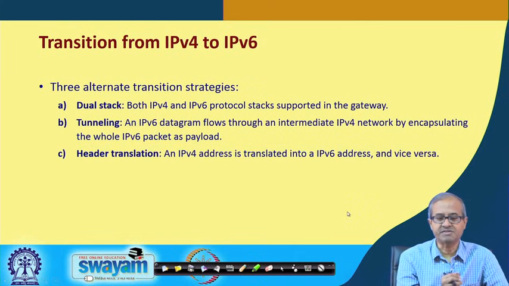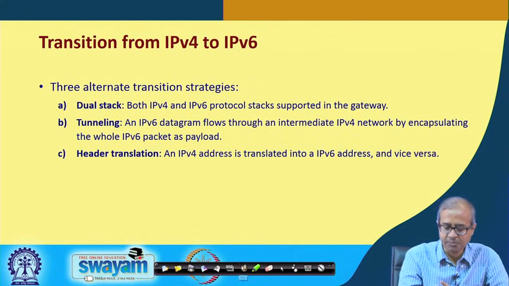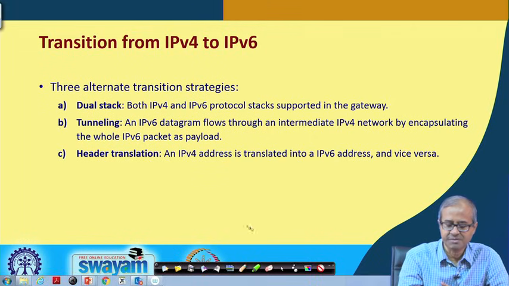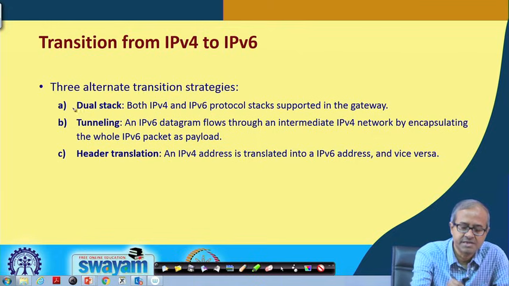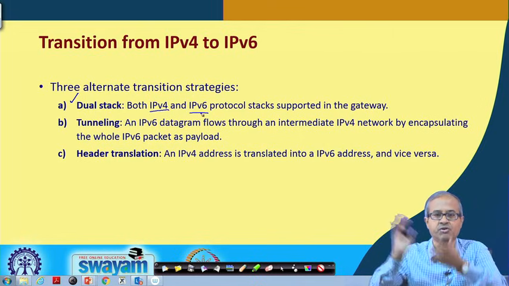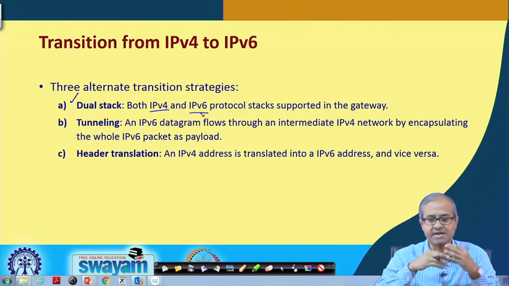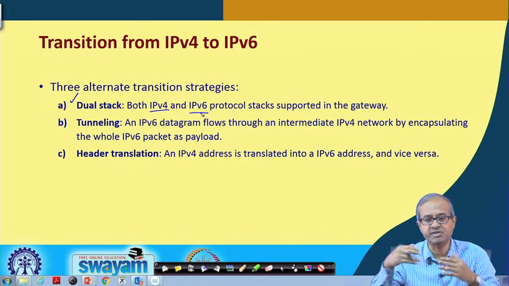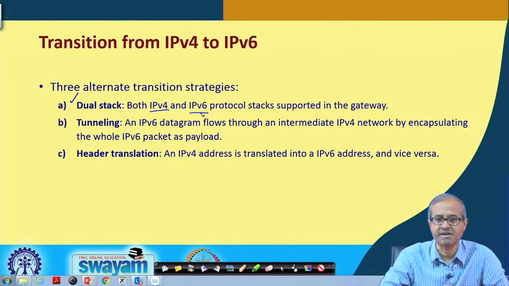So, talking about the transition from IPv4 to IPv6, due to the incompatibilities there are challenges, but there are broadly 3 approaches you can think of. One is to implement both IPv4 and IPv6 protocols in the router or the gateway, so that if someone wants to send IPv4 packets they can be handled, and v6 packets can also be handled.